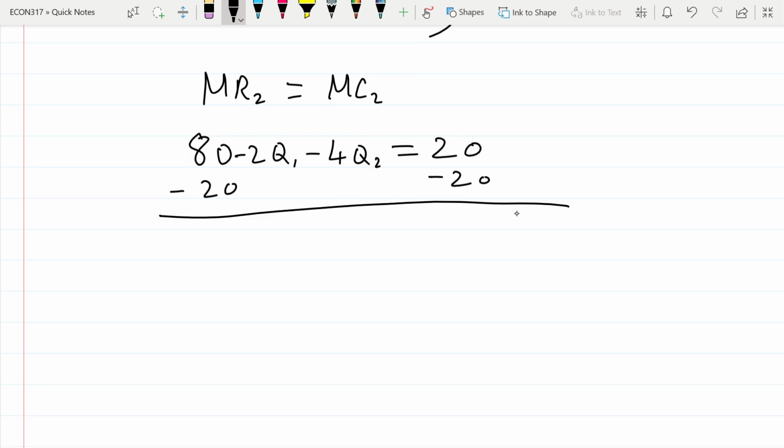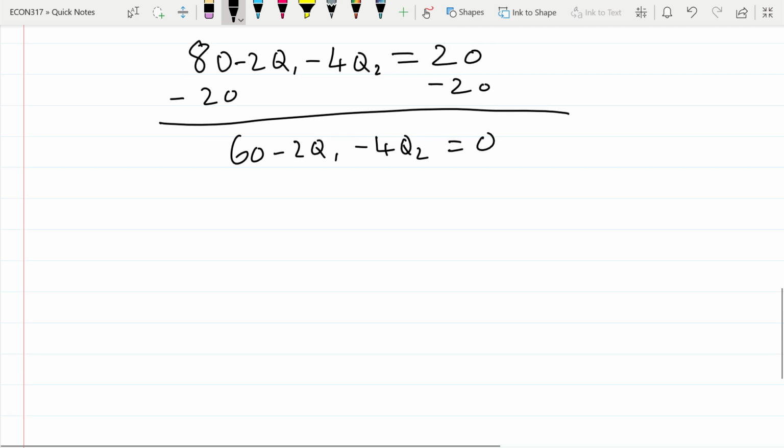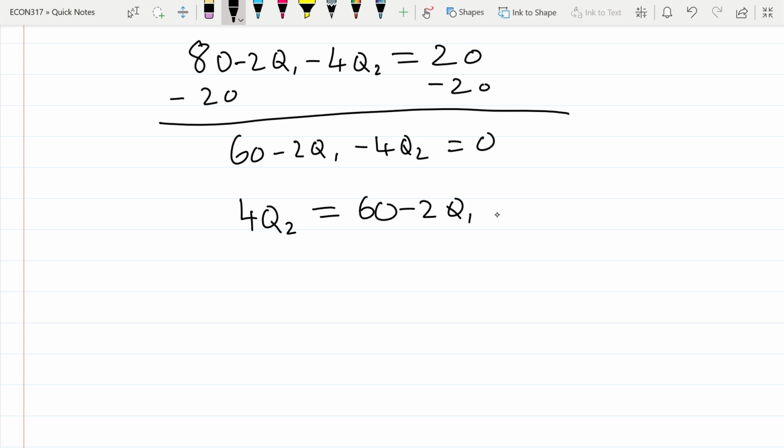And then what I obtain is 60 minus 2Q1 minus 4Q2 equal to 0. I want Q2 as a function of Q1. So I will rewrite this as 4Q2 equal to 60 minus 2Q1, which was obtained by moving the negative 4Q2 on the left to the right, where it becomes positive. And now I will divide both sides by 4.